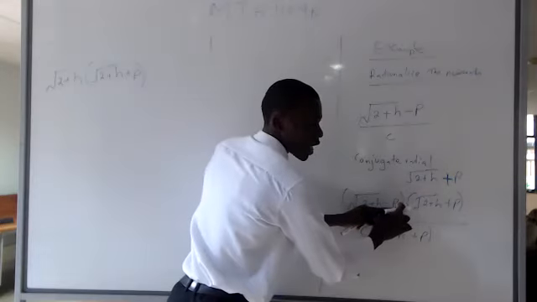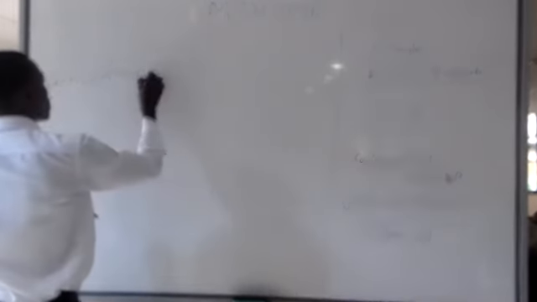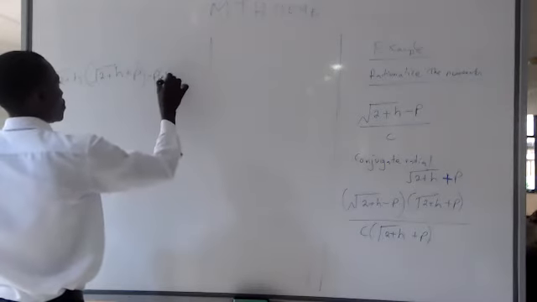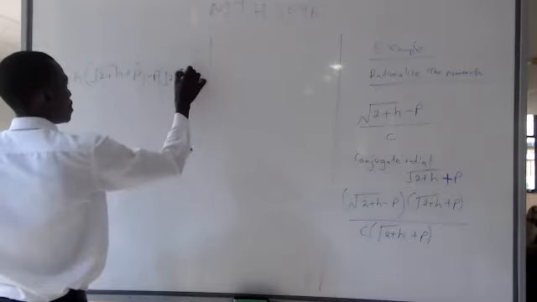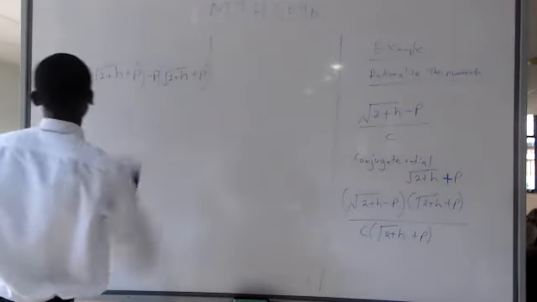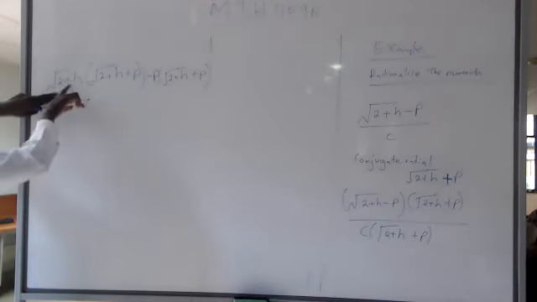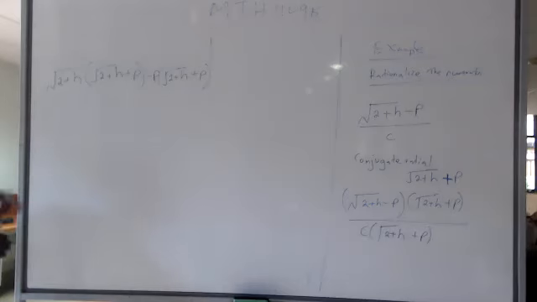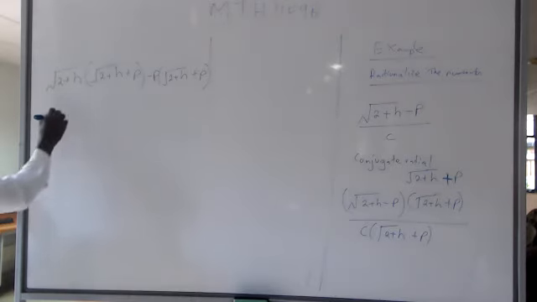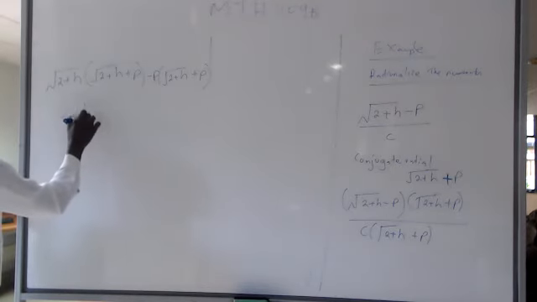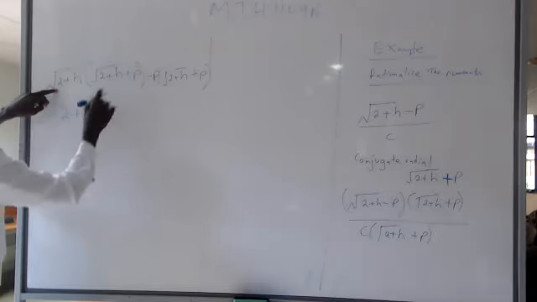Then I take the second term and use it to multiply: minus p into the square root of 2 plus h plus p. The square root of 2 plus h times the square root of 2 plus h, what would that be? That is 2 plus h. And then the square root of 2 plus h times p.